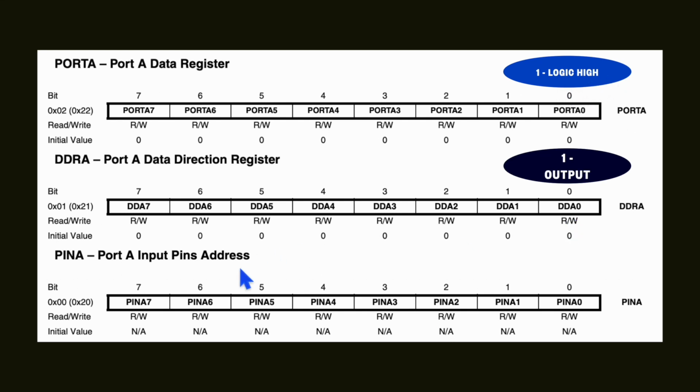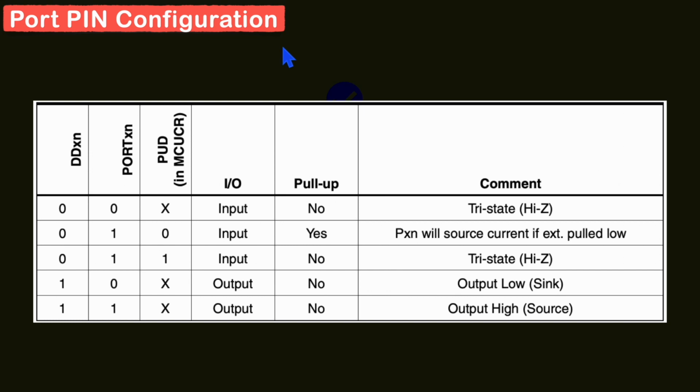Anytime you can read the pin status with the help of the PIN register, whether it is configured as output or input. But if you have configured that pin as output and you write 1 to the PIN register, that will toggle the pin status. If earlier it was 1 and you write 1 to it, it will make that pin logic low. Let's see the port pin configuration.